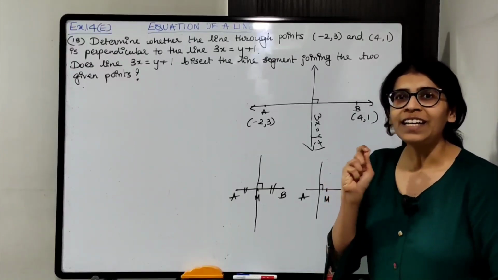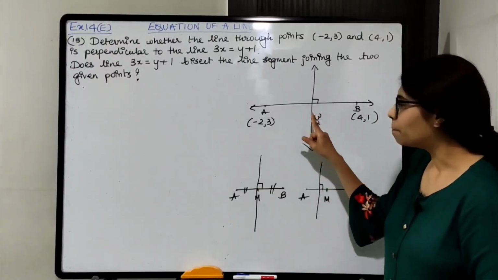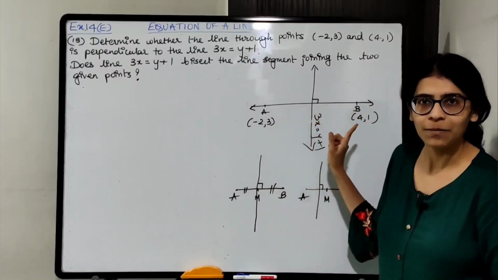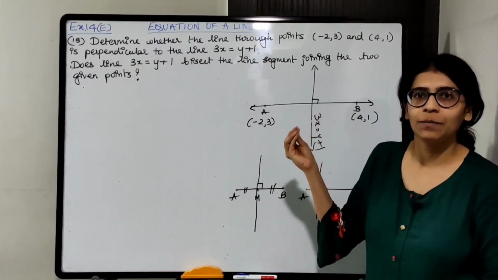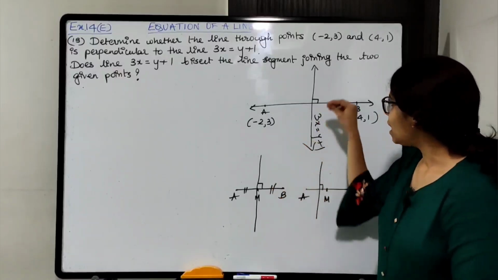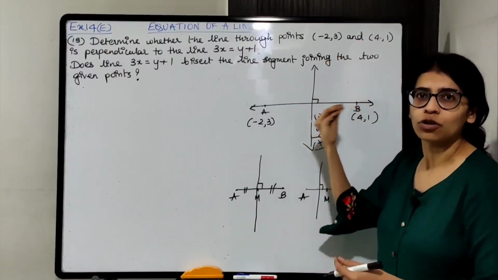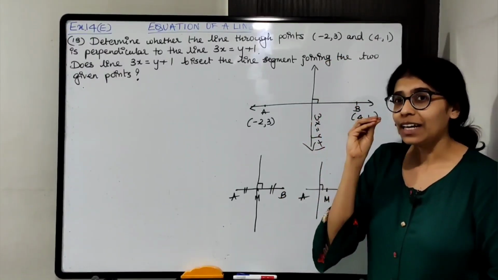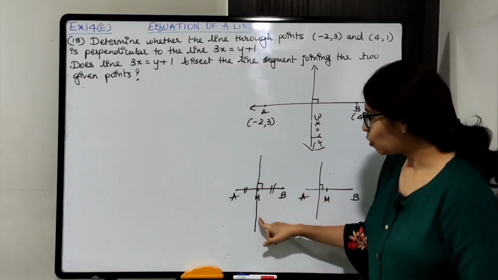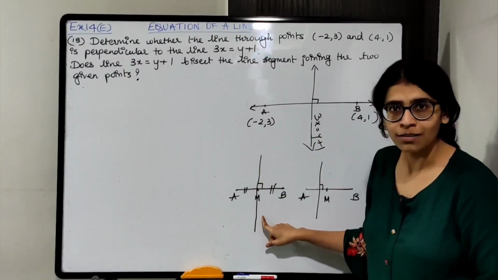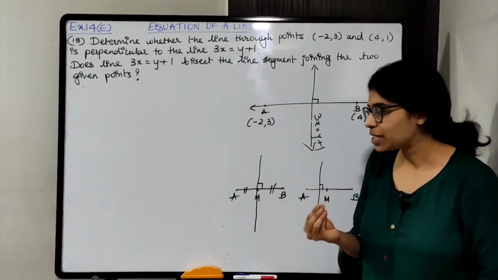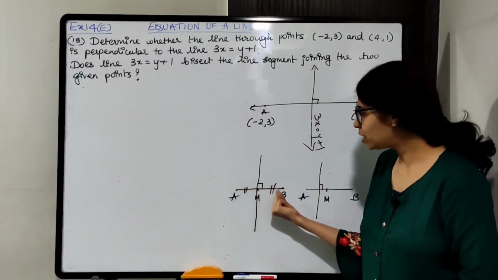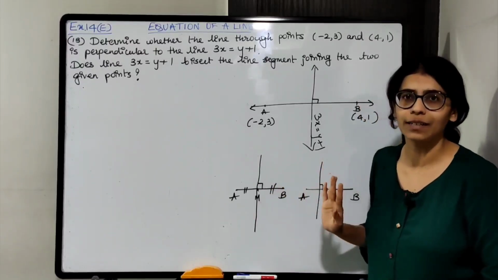So we need to find out if this midpoint of the line AB, we'll take M as the midpoint, if the midpoint of the line AB M is lying on this line or not. So if M is lying on 3x equals to y plus 1, then it has to satisfy the equation, है ना, because M will be lying on both the lines. AB पे भी lie करेगा, इस पे भी lie करेगा.